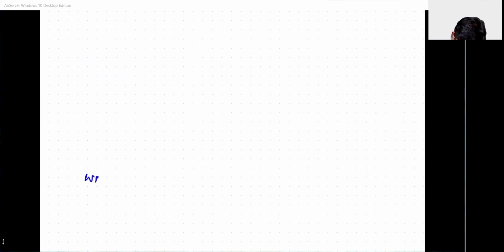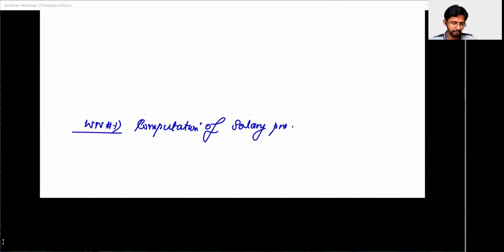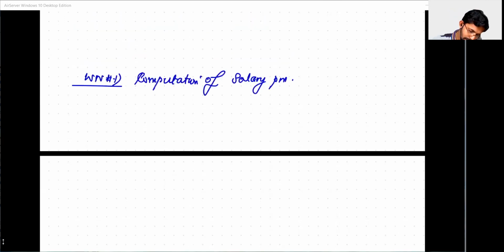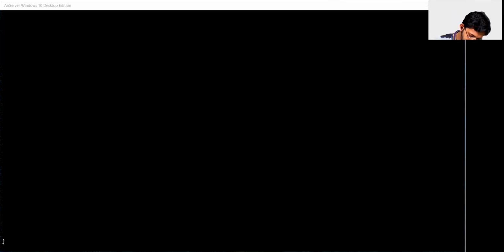Let me leave some space. Computation of salary per month. Now, total salary of the 5 software engineers is going to be 15 lakhs.